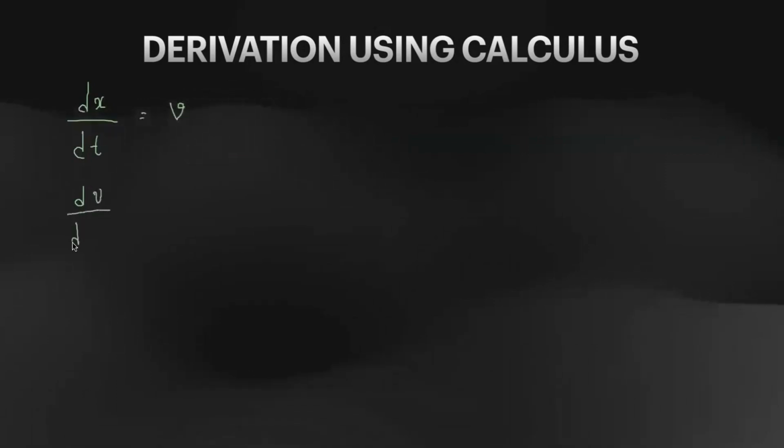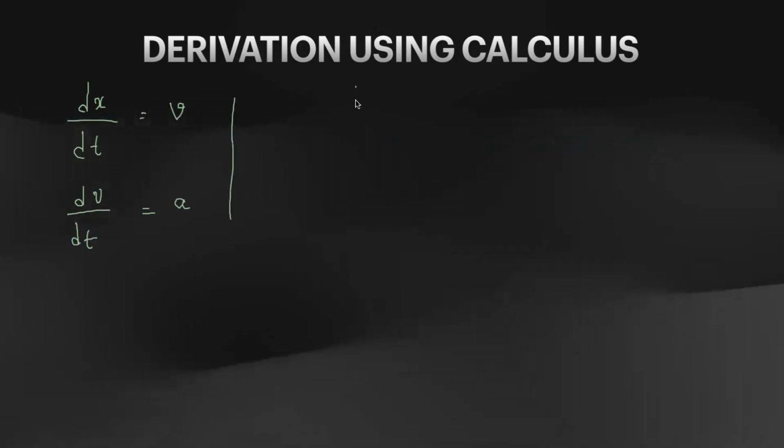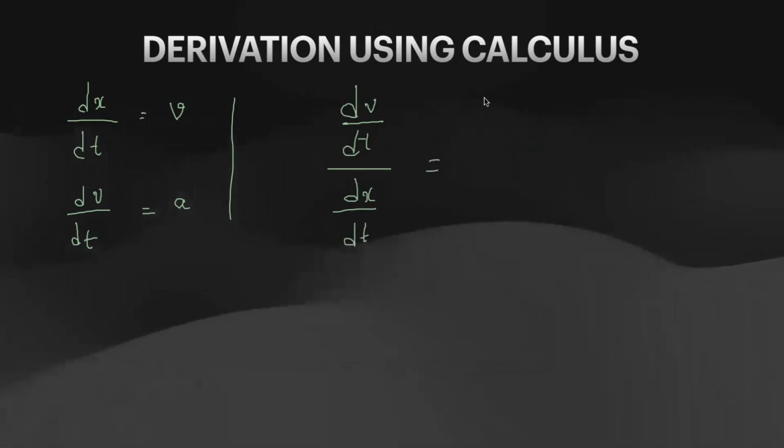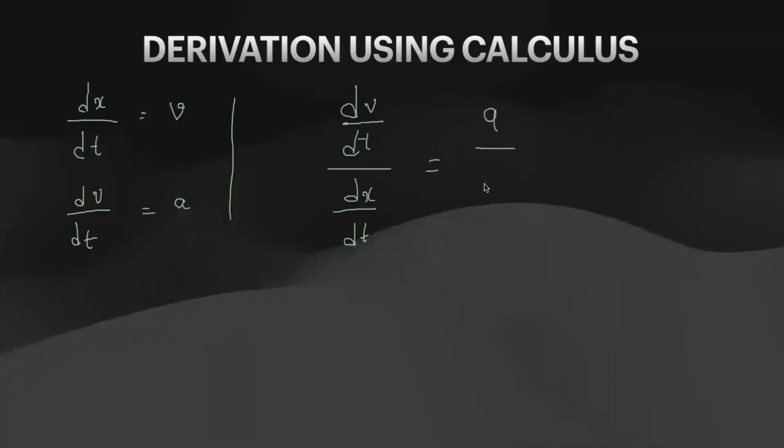by dt is acceleration. When I divide dv by dt upon dx by dt, you are going to get, what is this? dv by dt is what? Acceleration. dx by dt is velocity.